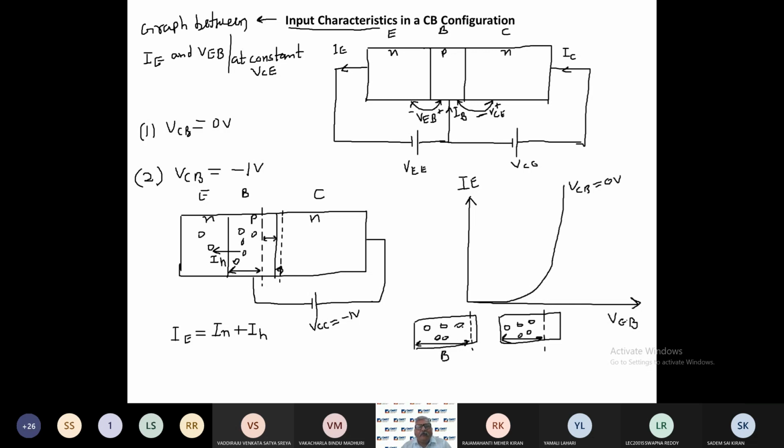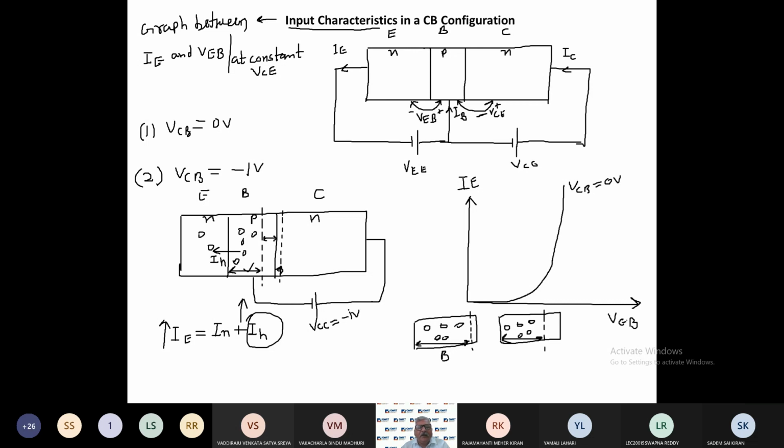So now what will happen due to reverse bias? This IH will increase, right? Why will this increase? Because due to the reverse bias in the base and collector, the effective width of the base is decreasing. Due to that, the concentration of the holes in the base will increase. And if the concentration of holes in the base increases, then more holes will start moving from base to emitter due to the concentration gradient, and this will cause an increment in the hole current, and due to this your IE will increase.